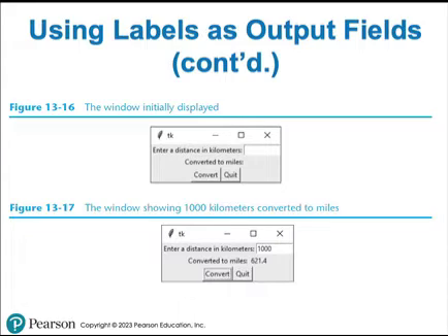So here's an example of that. This is the window that is displayed initially, and notice the second string can be changed to include the answer, so that all this happens in a single window. That would be the advantage to taking this approach.